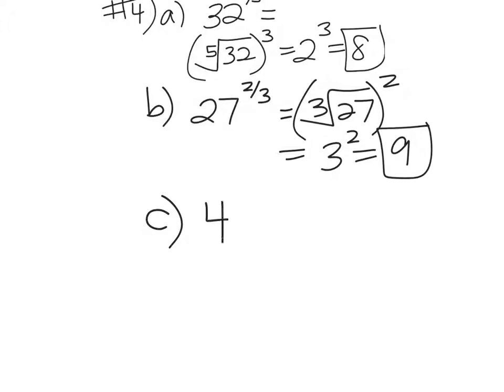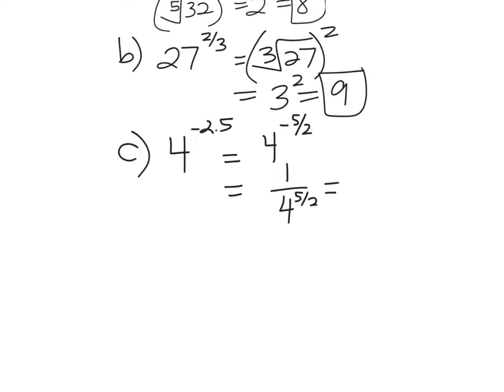All right. 4 to the negative 2.5. Ew, it's grody. All right, negative 2.5 or negative 5/2. So we'll change this to 4 to the negative 5/2. And then we can rewrite this as 1 over 4 to the 5 halves.